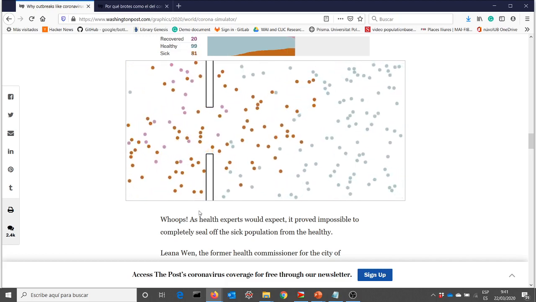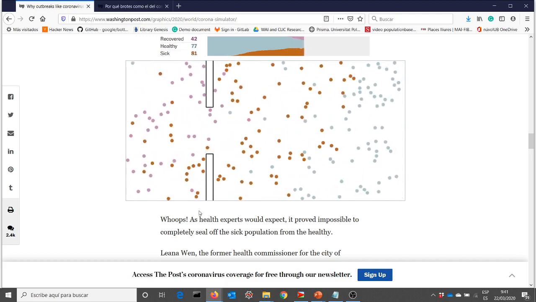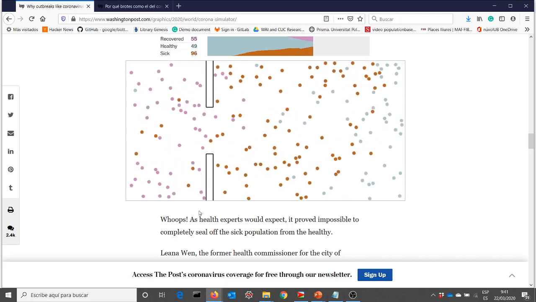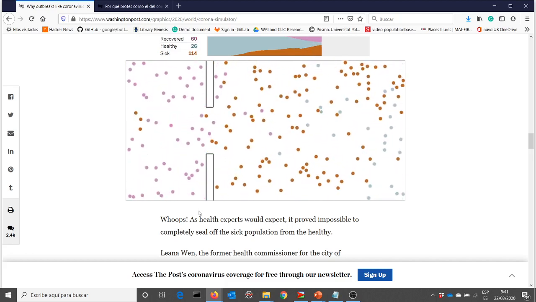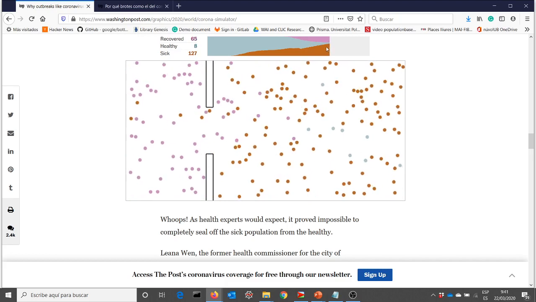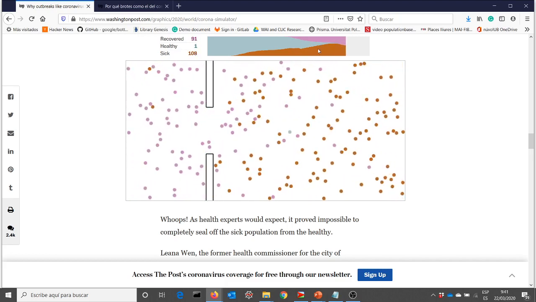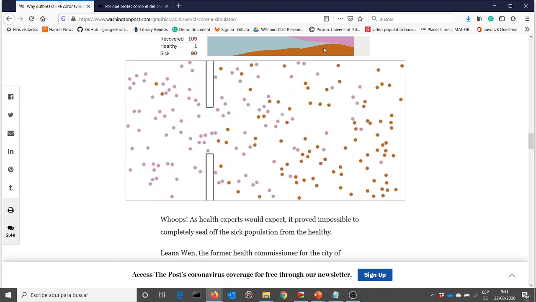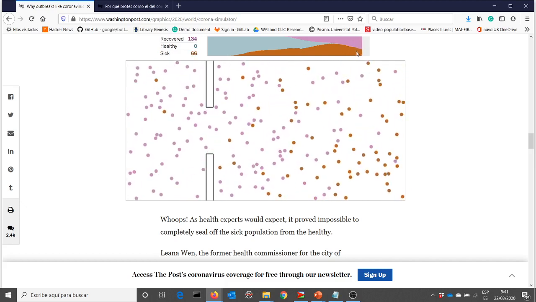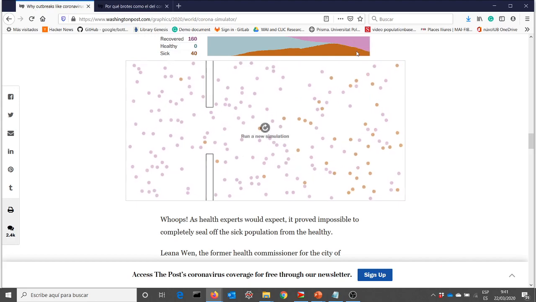So at the end, the virus spreads along all the population. Obviously, the curve is different. So this wall was making its work, but still the population gets sick.